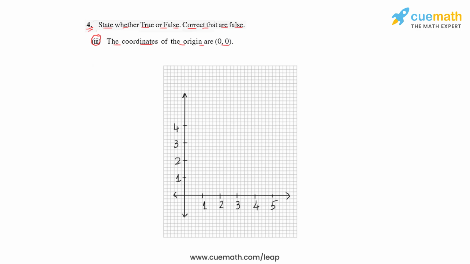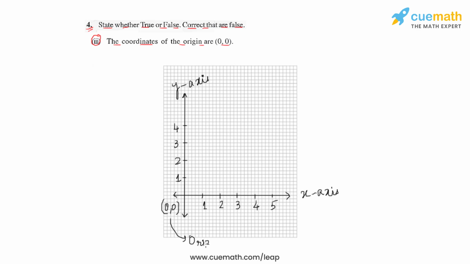So the third statement says that the coordinates of the origin are 0, 0, and to understand this, let us again consider this graph where this is the x-axis, this is the y-axis, and the two intersect at this point, which is 0, 0, and which is also known as the origin.